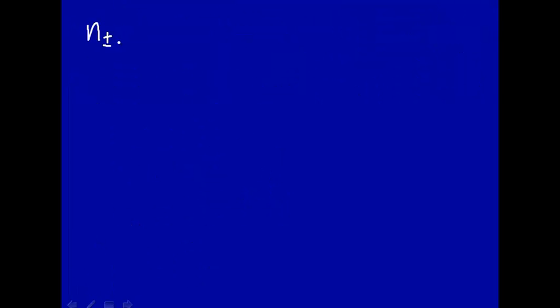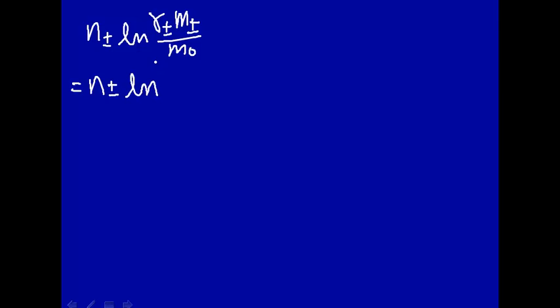So n plus minus natural log of gamma plus minus m plus minus over m0, that's equal to n plus minus natural log gamma plus minus, remember that was gamma plus raised to the n plus power, gamma minus raised to the n minus power, all raised to the 1 over n plus minus power.